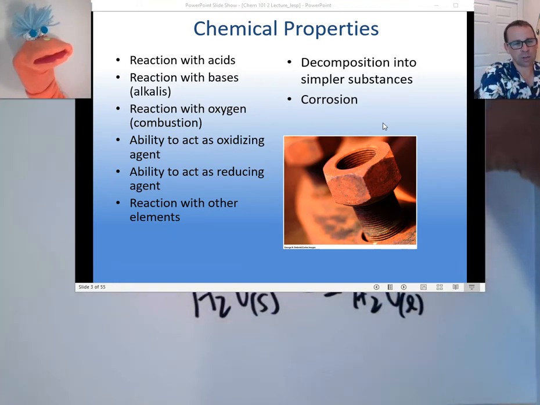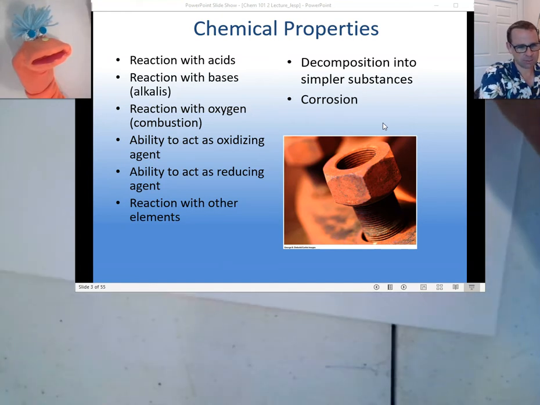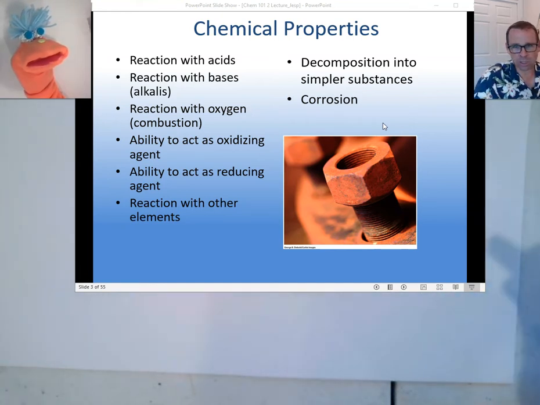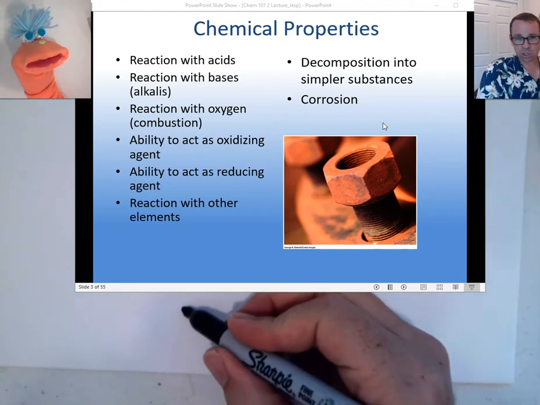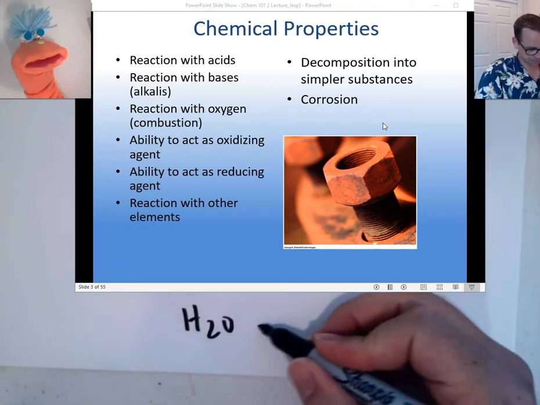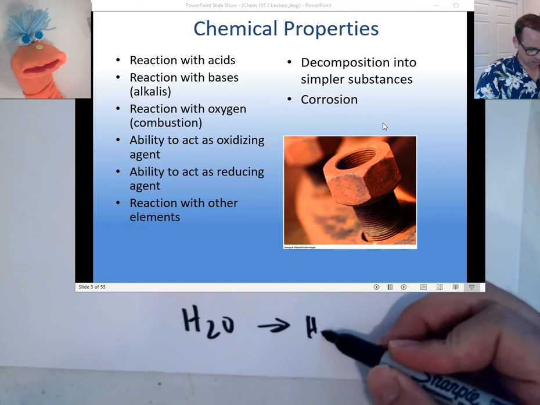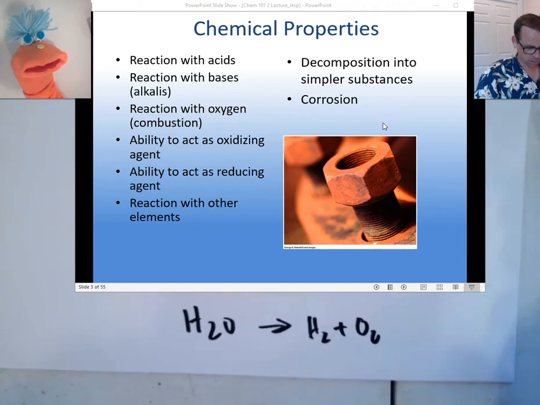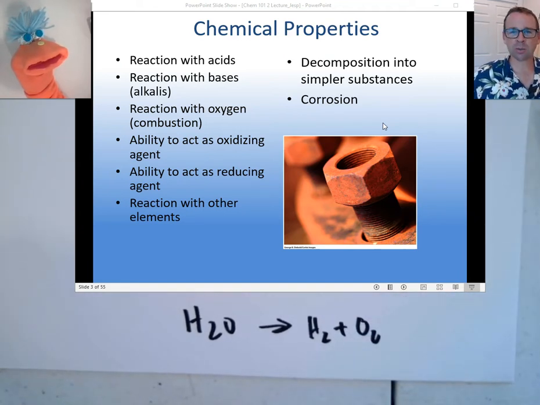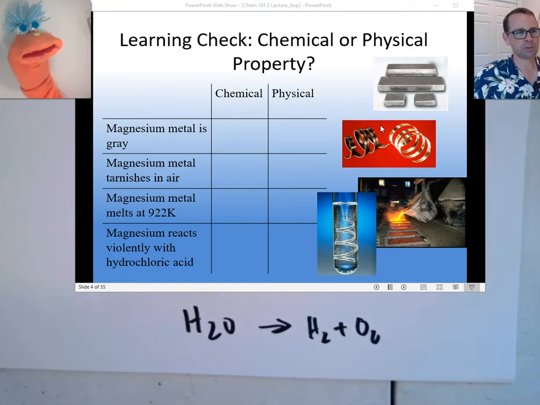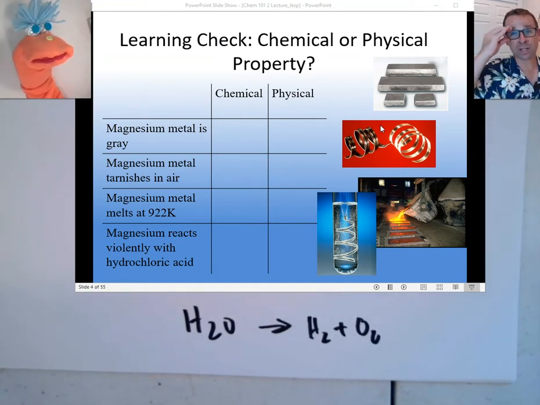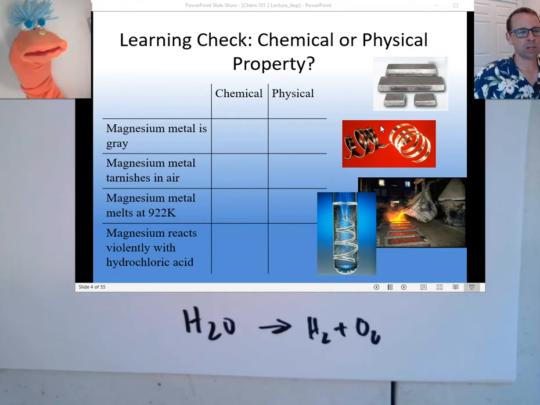So if something changes chemically, like if water decomposes to hydrogen and oxygen, that means now the hydrogen and oxygens are interacting with each other in a different way. Okay? Very good. So, let's see if we can look at some of these and identify which kind of property we're talking about. What do you think?